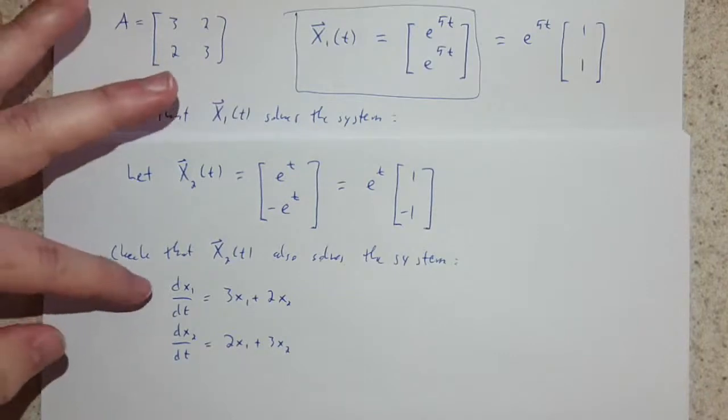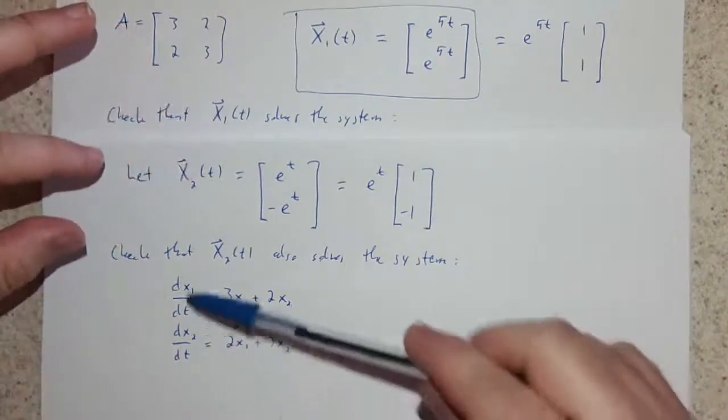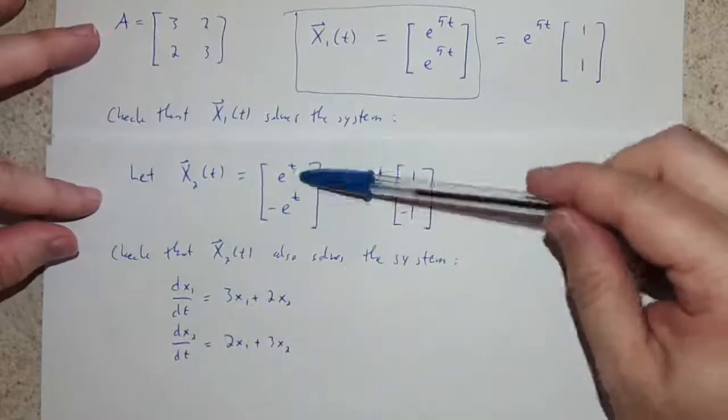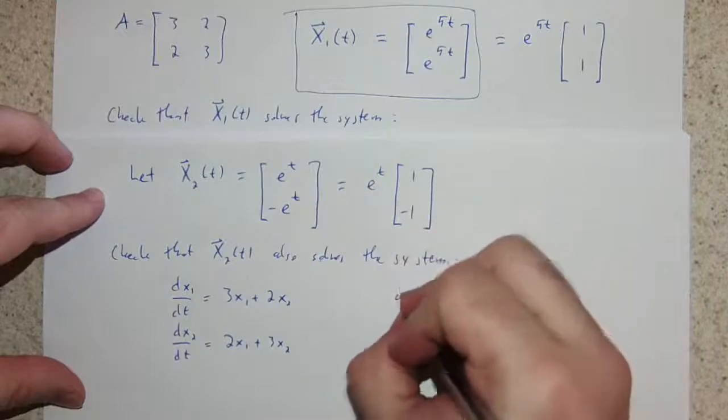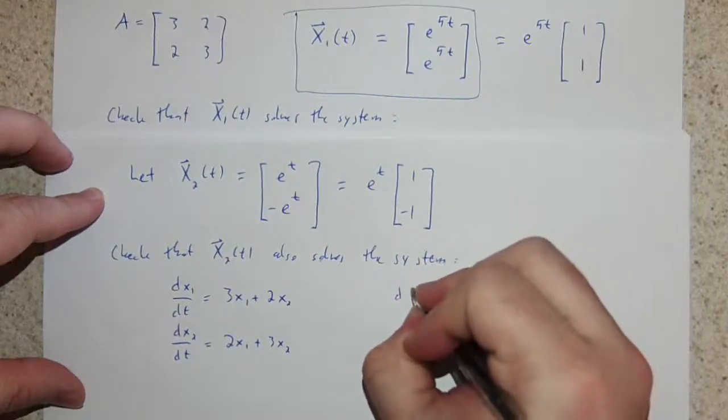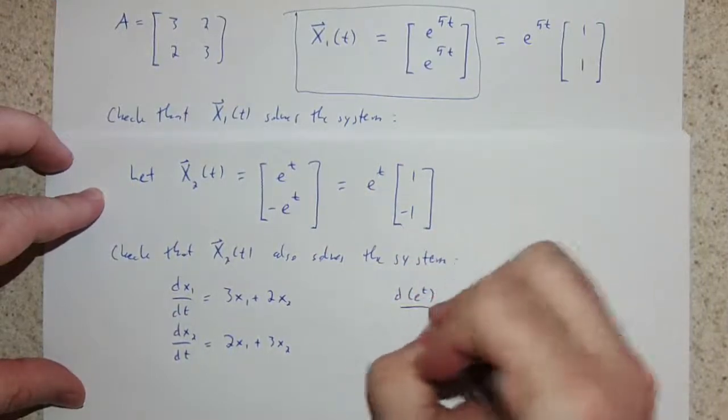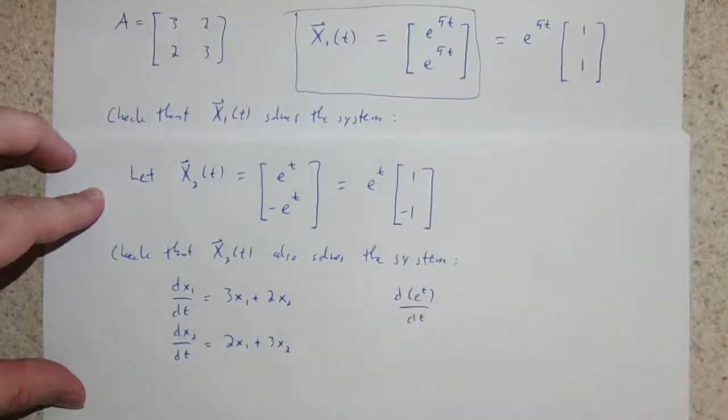So x1 and x2 in this context are the first and second components of this solution vector. So this would be checking that d of e to the t dt is going to match up with this.